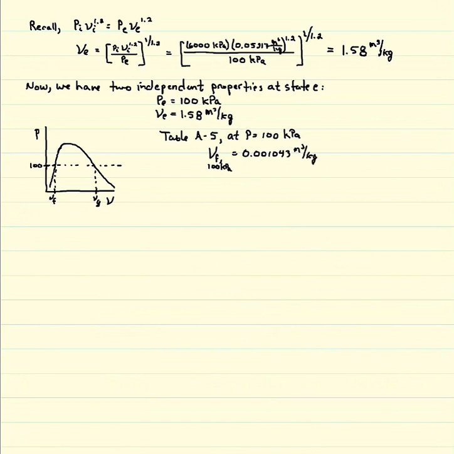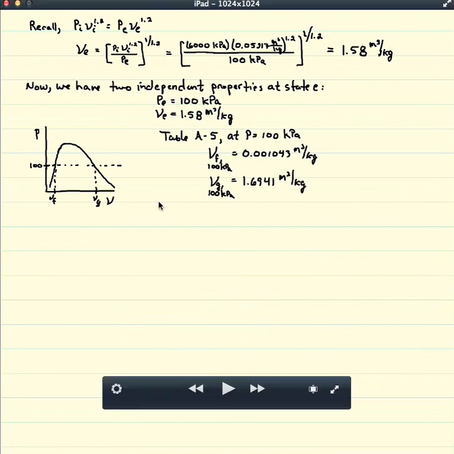And our saturated vapor specific volume, v sub g, is equal to 1.6941 cubic meters per kilogram. So this value here, the saturated vapor line at 100 kPa, is equal to 1.6941, which is greater than our specific volume at the exit state, which is 1.58.